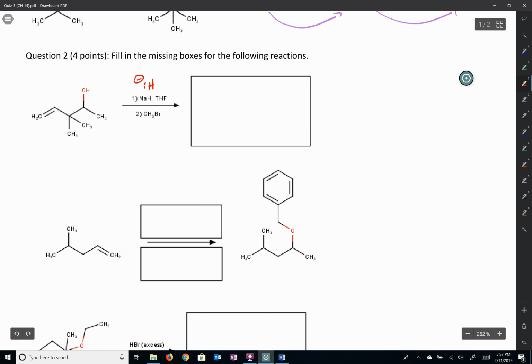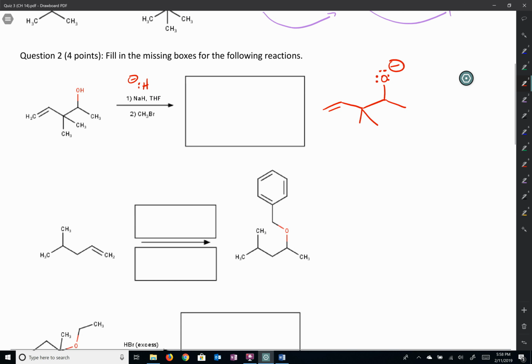An extremely powerful base. Wow, that might be a little bit exaggerated. It's a really strong base, and it's going to be looking for something to deprotonate. So after the first step, it's going to be looking there for the most acidic hydrogen. And that happens to be on our oxygen, our alcohol.